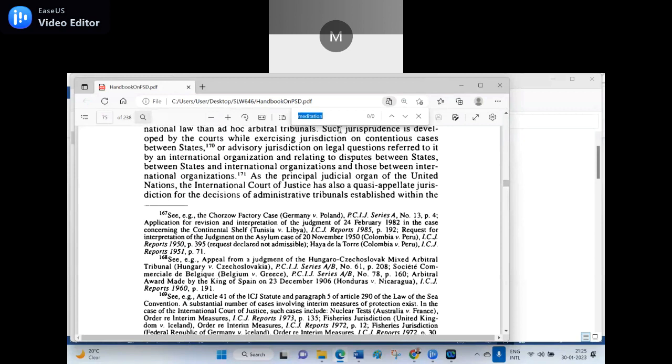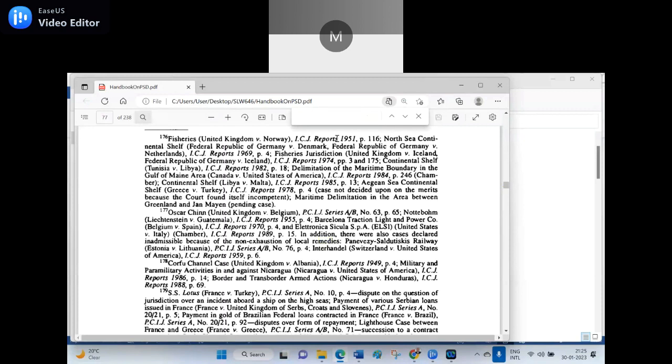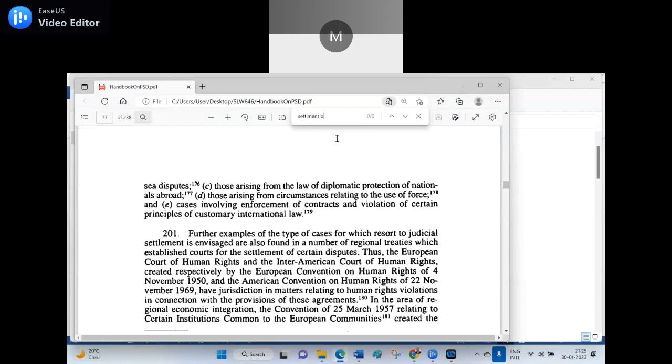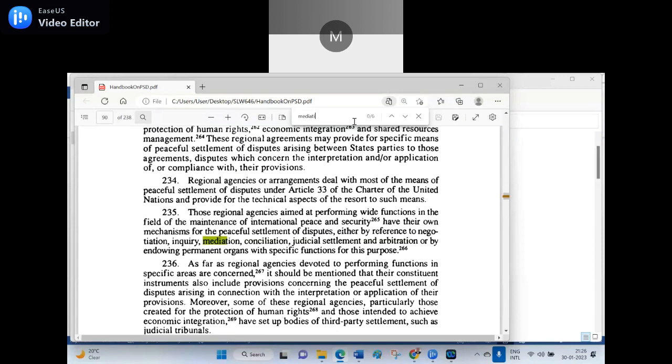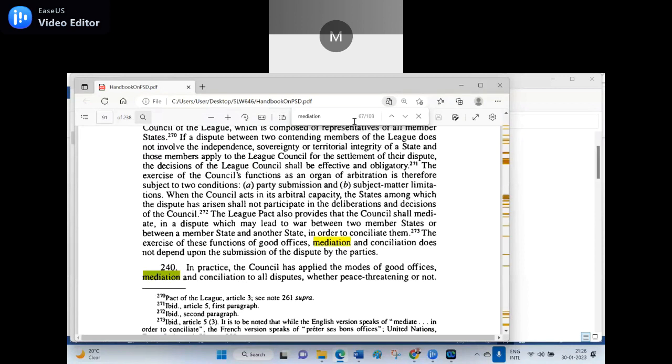Control F. Settlement by the UN Charter. Settlement by UN Charter, later, it is there. Oh, it is not showing the things. Mediation, conciliation, and other things are there.